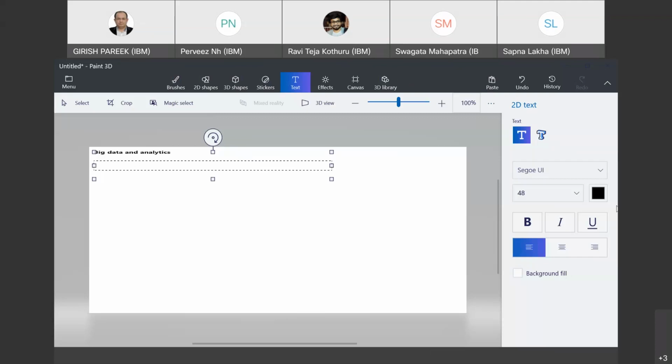The form is not decided, neither is the format. So we are referring to a large volume of data.